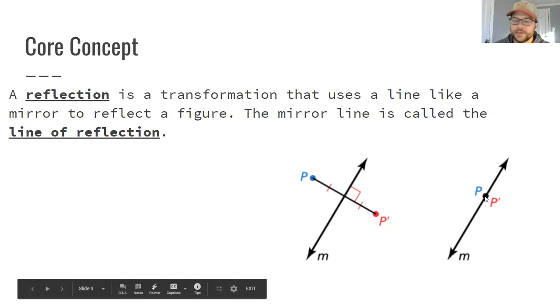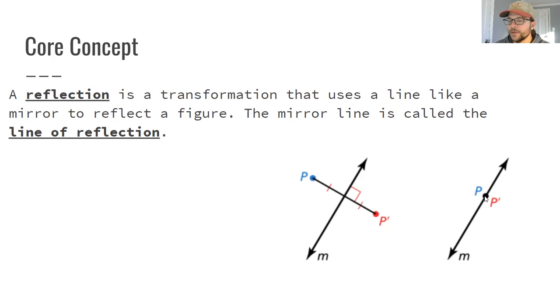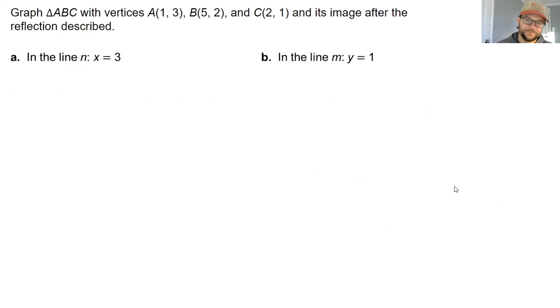If your point that you're trying to reflect is already on your line of reflection, then your image is also the exact same thing. Since there is no distance from the point to the line of reflection, that point just stays on the line as it's being reflected.